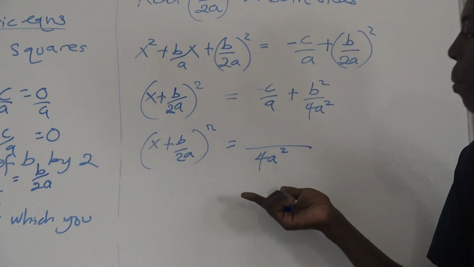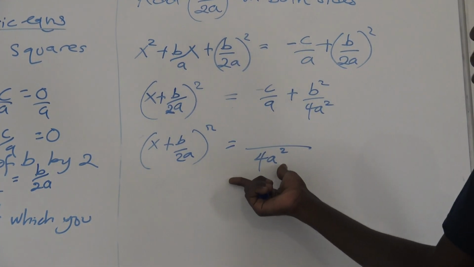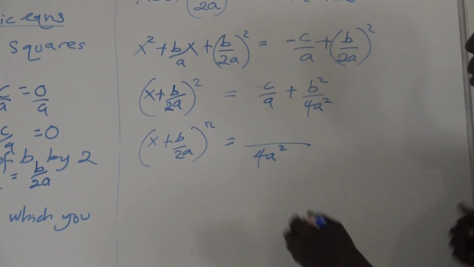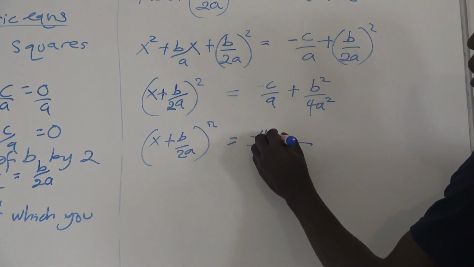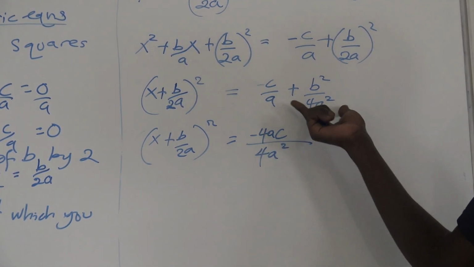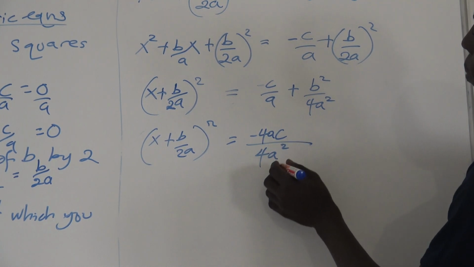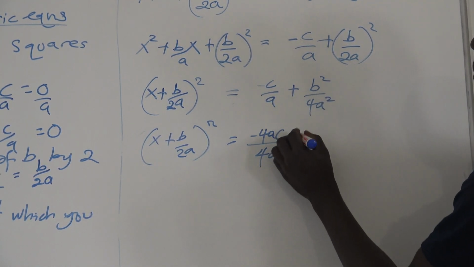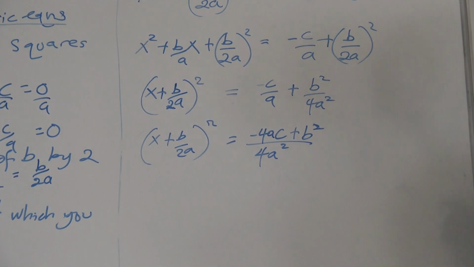So this one divided by this, you get b, because 1a will cancel, which becomes 4a times this, which is negative 4ac. Now this one divided by this, you get a times that, which becomes a plus a b squared, because this time divided by this we get a 1.